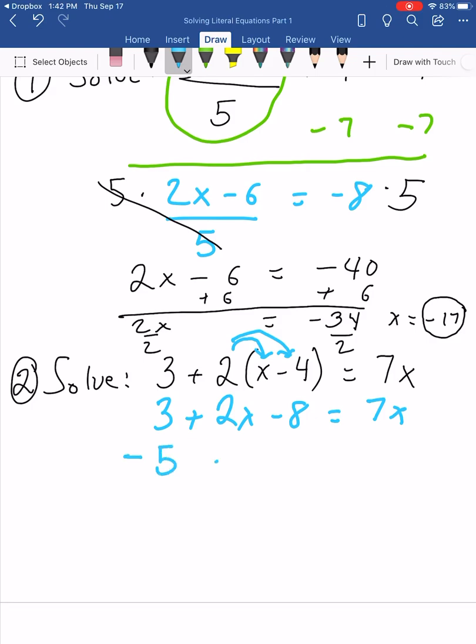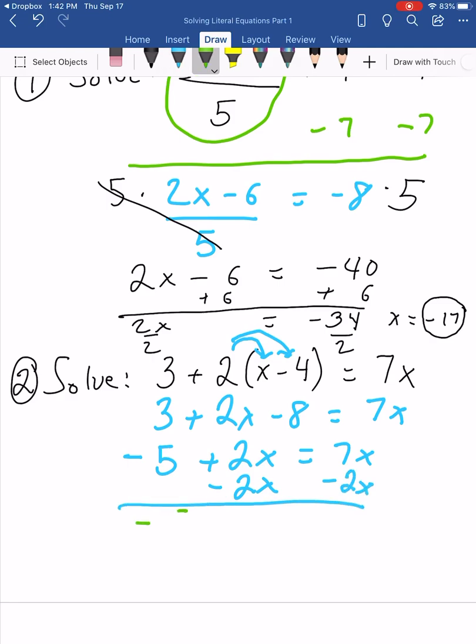So -5 plus 2x equals 7x. I want to get all the variables over to one side. I'm going to bring the 2x to the right. Subtraction. -5 equals 5x. And we'll divide each side by 5 to get x alone. I mean, -1 is equal to x.